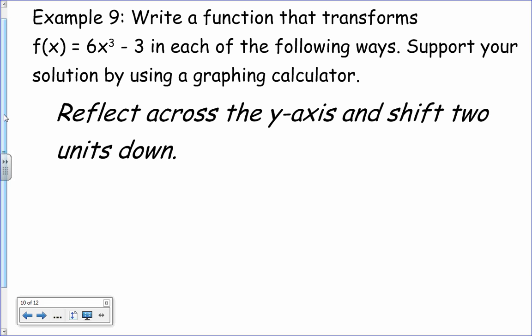All right, look at this one. We got the same original equation, but we got new items. Reflects. Now, what little notation makes us reflect? What little symbol? The negative. So I know I got a reflection, so I got a negative somewhere across the y-axis. Somebody look back at the chart, see if that's inside or outside.